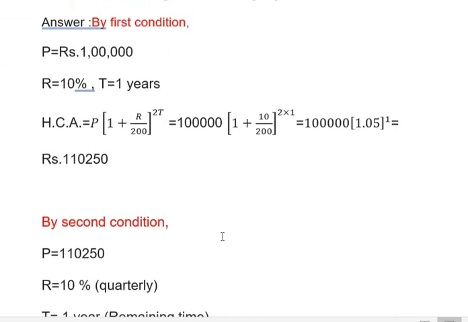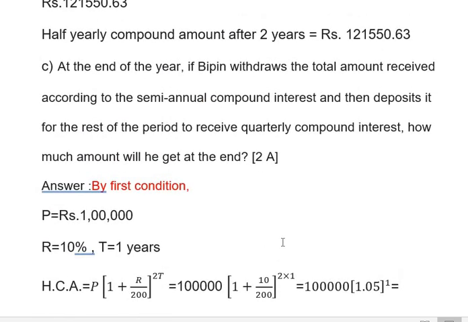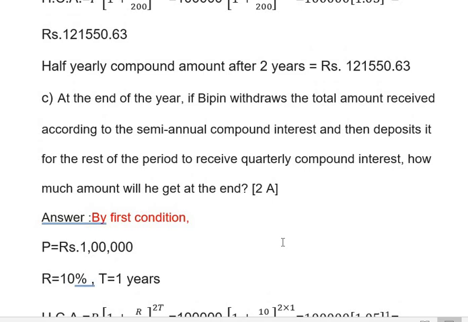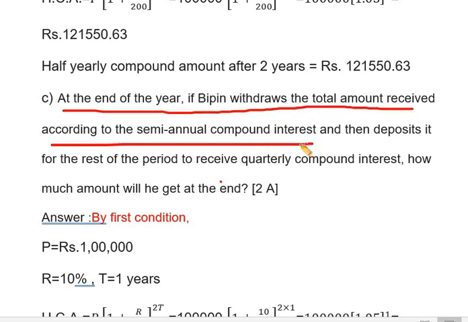So this is our model question. A question can be twisted into another form in the same category. For example, Bipin withdraws the total amount received according to semi-annual compound interest, adds some amount to it and deposits it for the rest of the period.